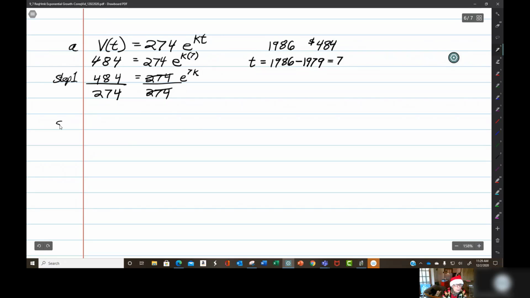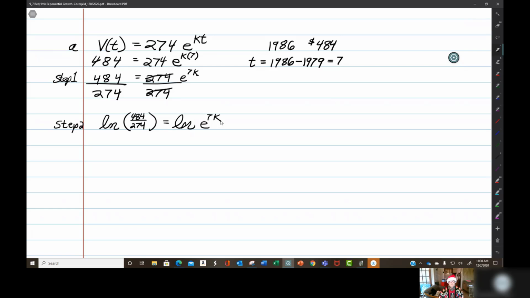Back to work. Step 2. So we're going to take the ln of both sides. Now, the whole reason that we did that is to bring this down.